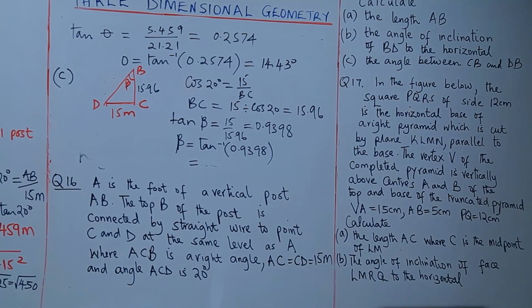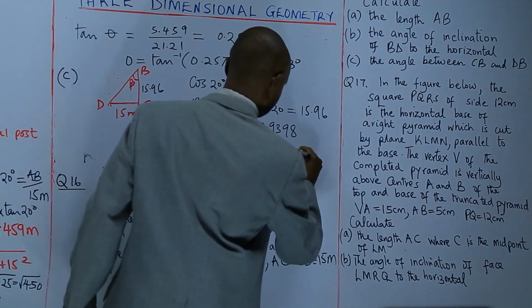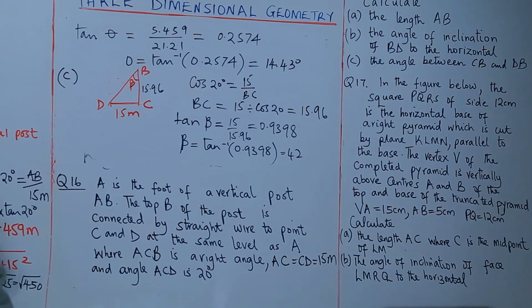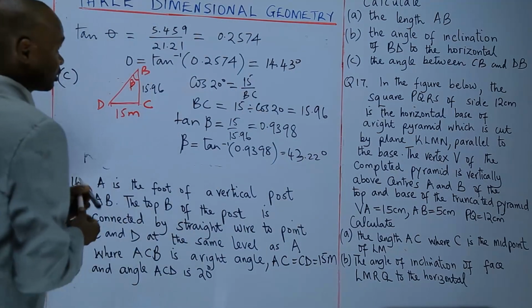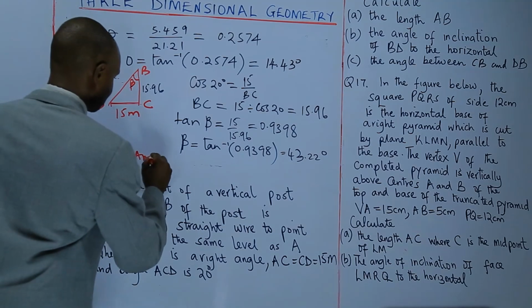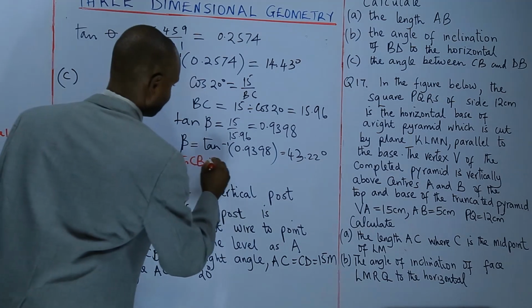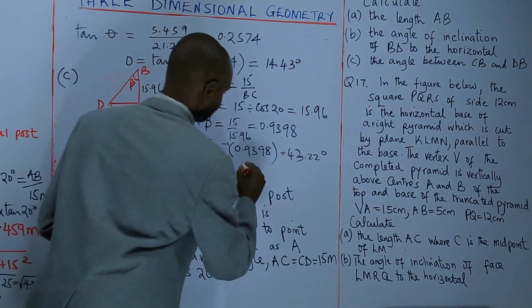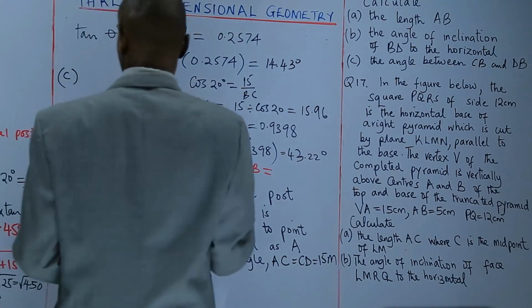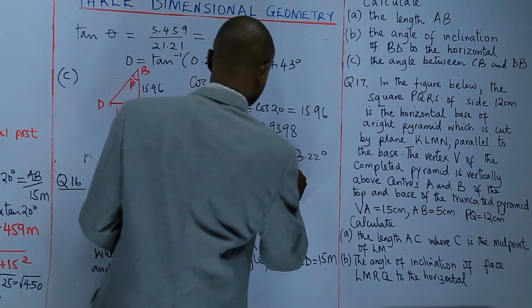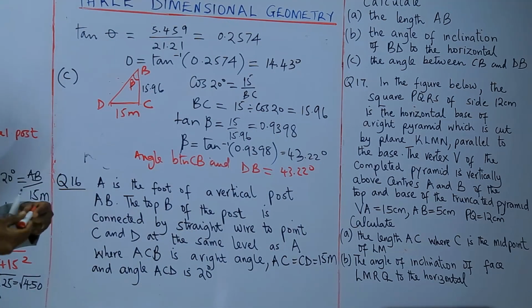It gives you 43.22 degrees. So the angle between CB and DB, this angle, will be 43.22 degrees. We are done with question number 16.